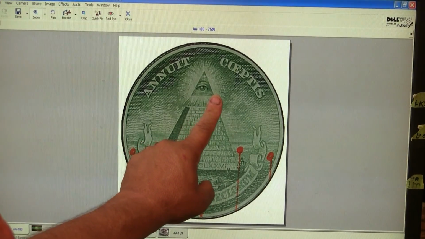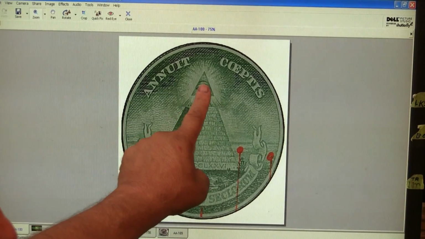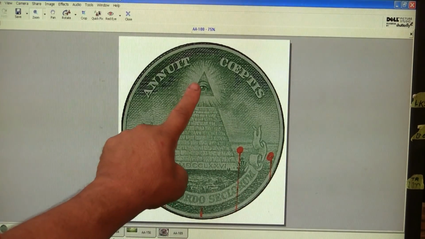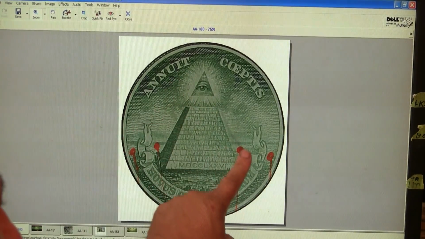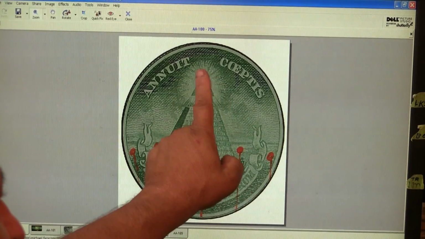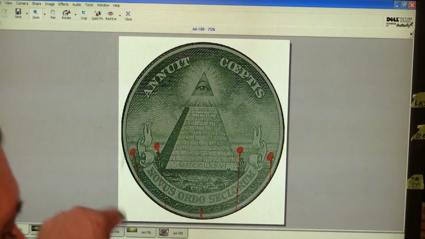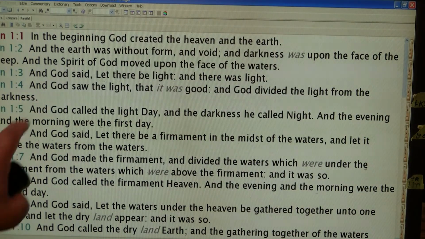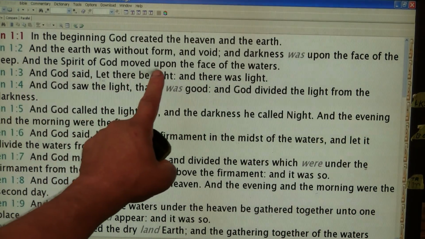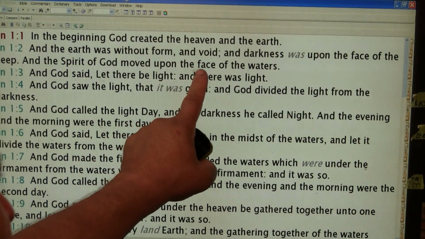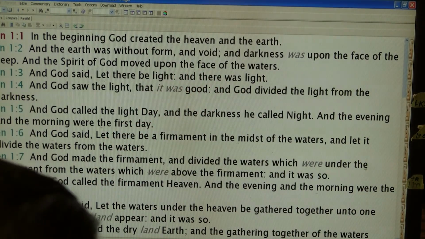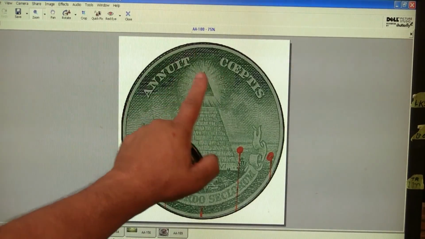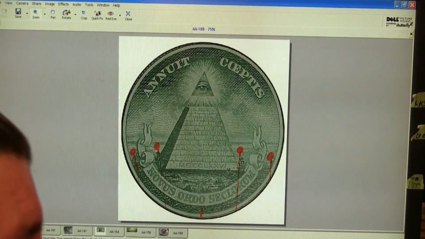And the Lord God's Spirit was upon the waters. Notice how the radiance comes down from the radiance of the Lord God's eye. The Spirit of the Lord is radiating upon the waters. In the book of Genesis, verse 2, and the Spirit of God moved upon the face of the water. The Spirit of God, the light of God, moved upon the face of the water.